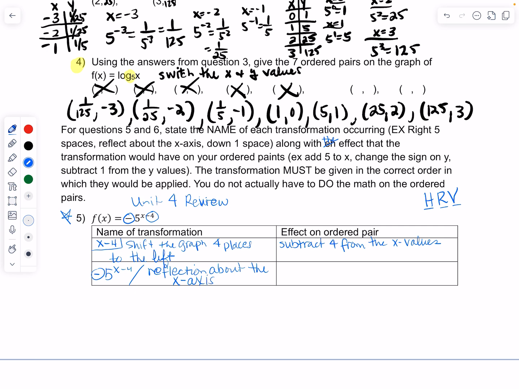And if I flip it over the x-axis, what happens is my x values actually stay the same, but my y values change signs. So the effect on the ordered pair, change signs on the y coordinates of the ordered pairs.